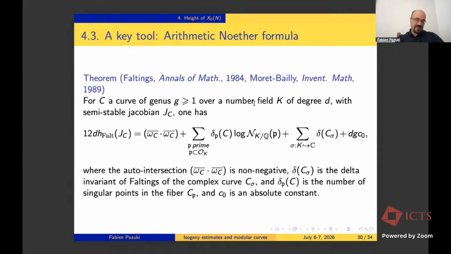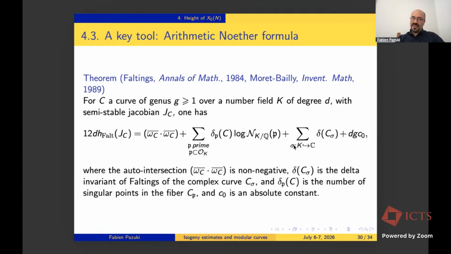Fine, let's do that. So for a curve of genus g with semi-stable Jacobian, the Faltings height of the Jacobian is equal, up to this, to the omega square. And what is left in this beautiful Noether formula? We have the bad primes and some multiplicity of the bad primes. The bad primes are here. We take the norm, and this is the multiplicity of the bad prime on the model where we compute the omega square.